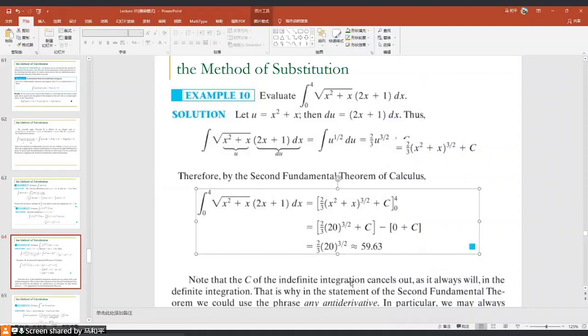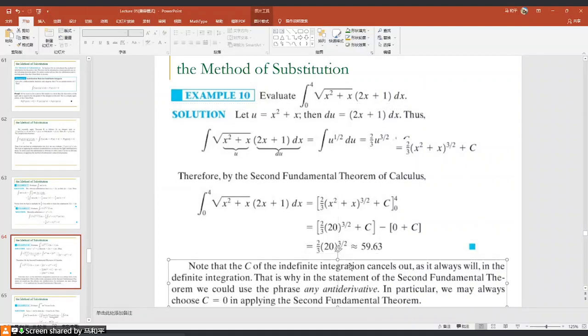Okay. Here, note that the constant c of the indefinite integration cancels out, as it always will in the definite integration. That's why in the statement of the second fundamental theorem, we can use the phrase any antiderivative.